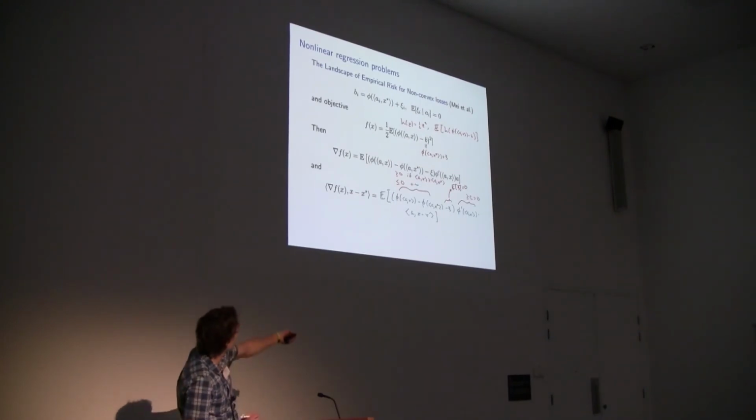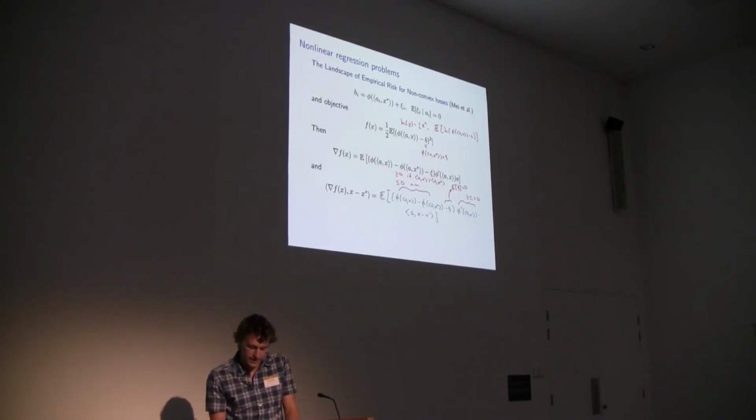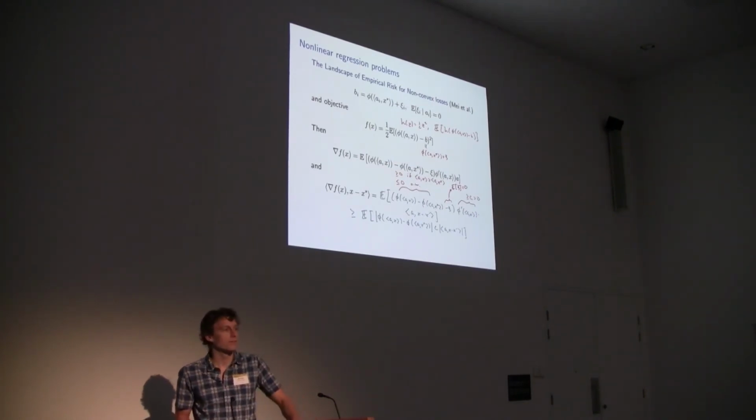So it has the same sign as the inner product of a and x minus x star. So this whole objective is now greater than or equal to the expectation of the absolute value of phi of ax minus phi of ax star, times c times the absolute value of ax minus x star.